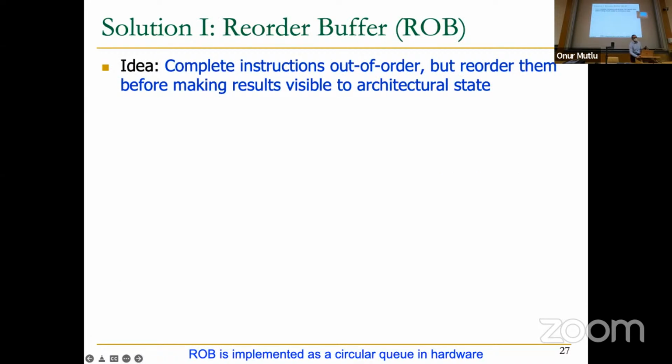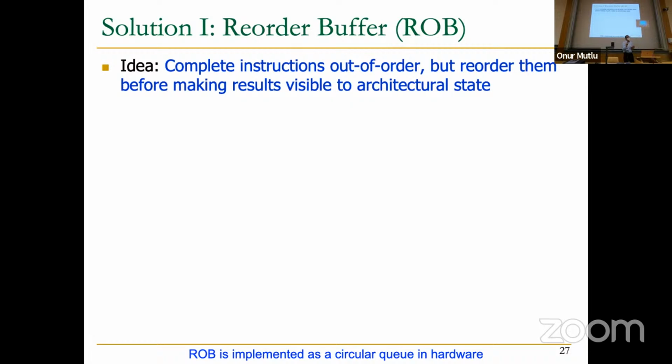The basic idea is actually very simple. We want to complete instructions out of order, meaning execution takes as long as each instruction takes. One instruction may take 60 cycles, another may take 8 cycles, another may take 1 cycle. Each instruction finishes in however long its execution unit takes to finish the instruction and produce its result.